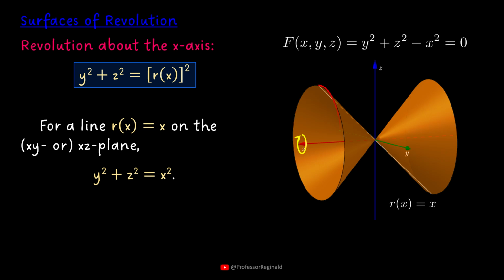The surface has circular traces perpendicular to the x-axis. The radius of a circular trace left by a vertical plane on the surface depends on x, which means the radius of the surface changes along the x-axis.